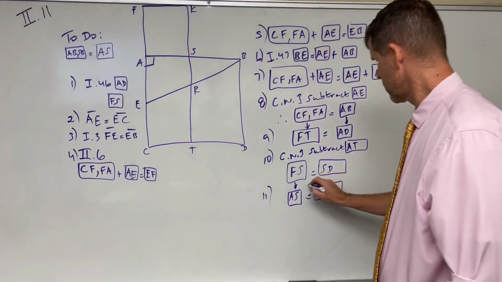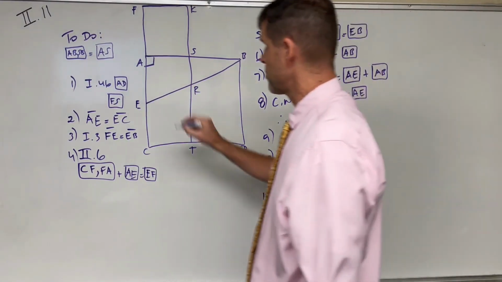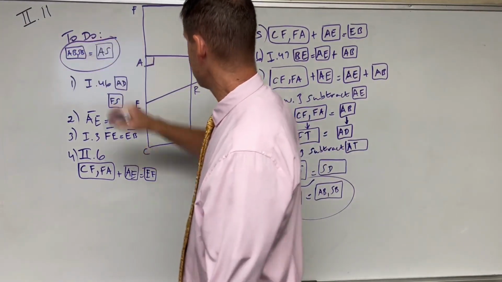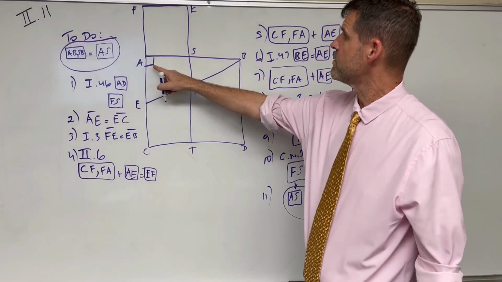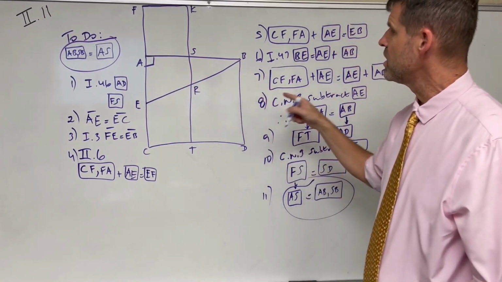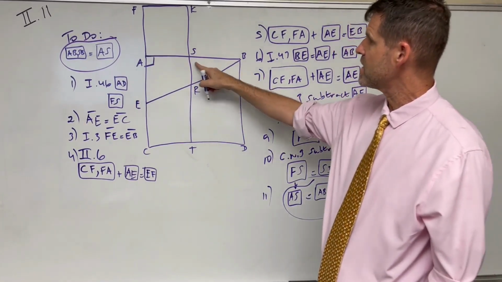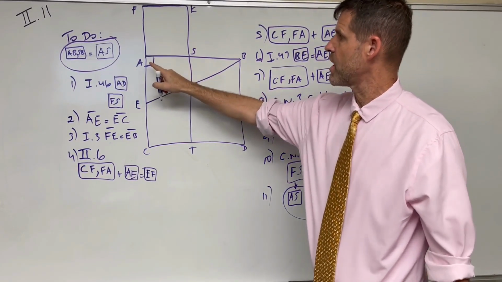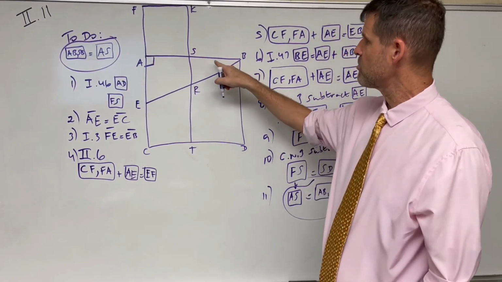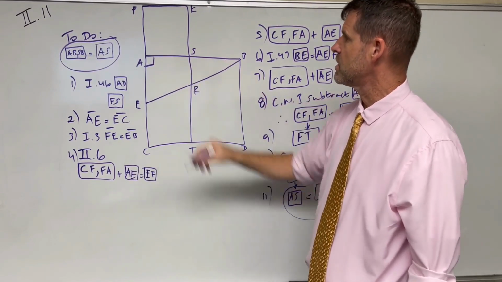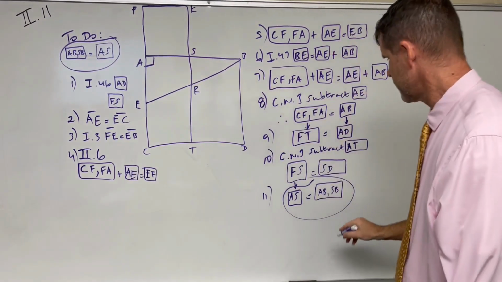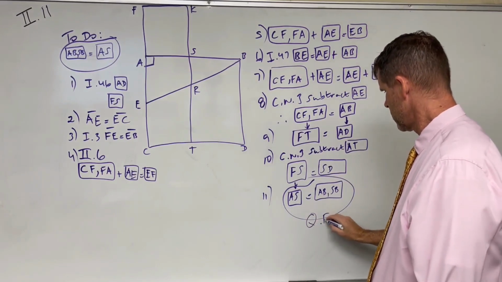Which, this last part here, is the same as our to-do, which means that we have, to our given straight line AB, cut it in such a way, namely at S, such that the rectangle contained by the whole AB and one of the segments, namely SB, is equal to the square on the remaining segment, namely AS. Q.E.D.